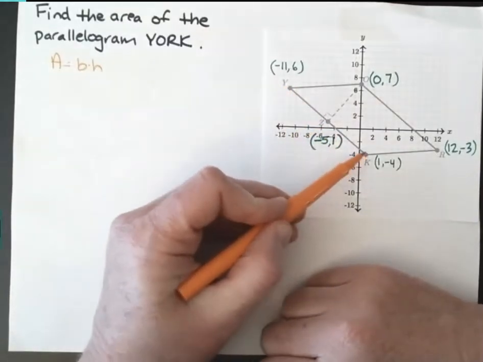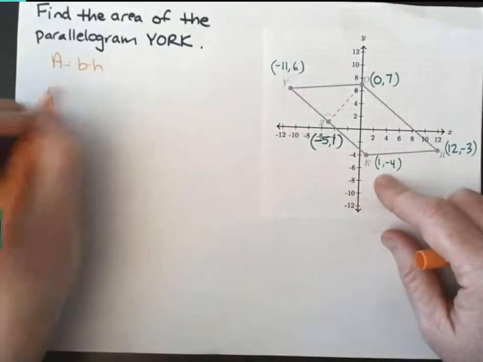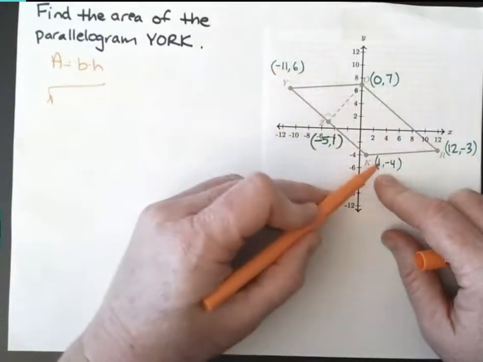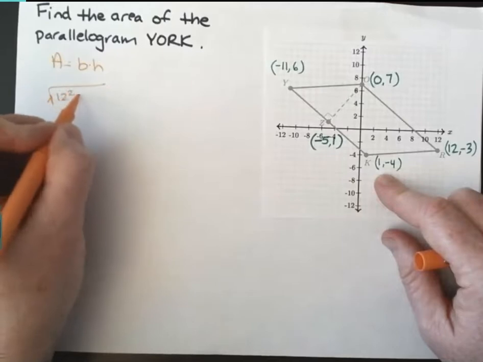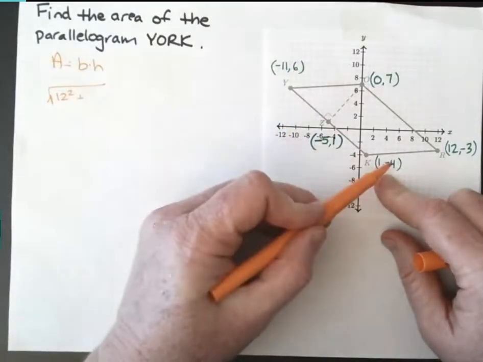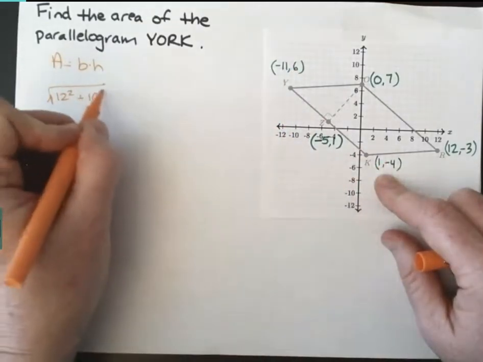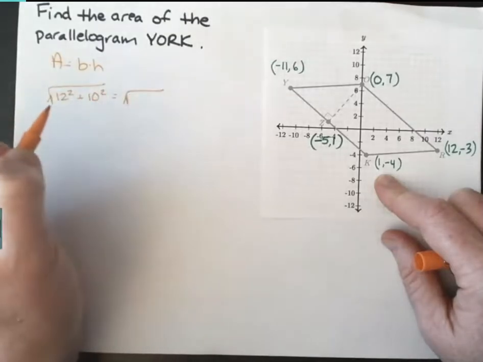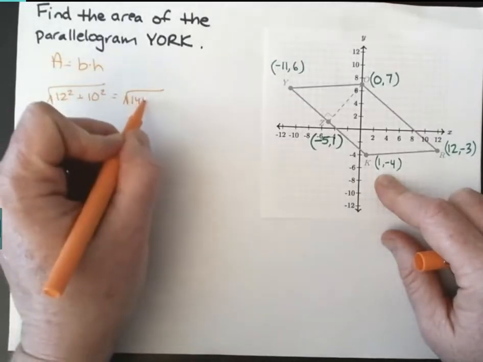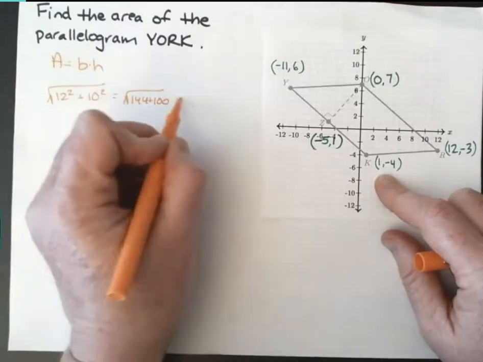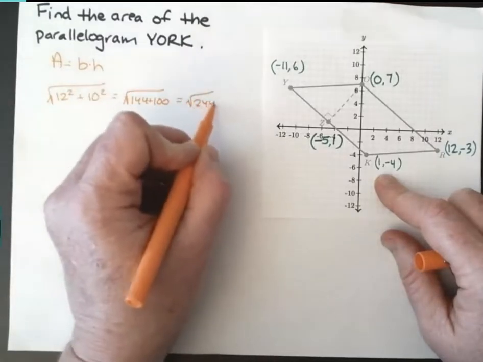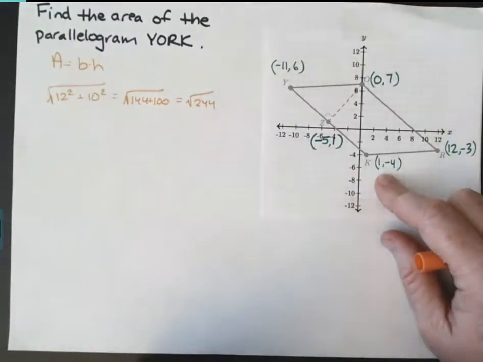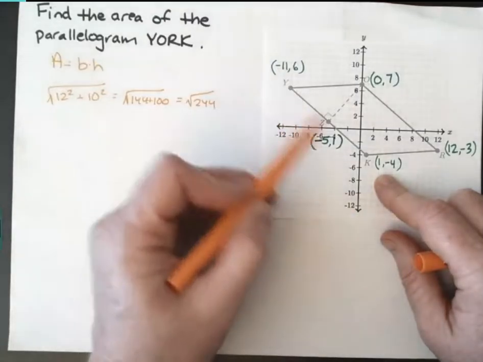So the distance formula, or the Pythagorean theorem, if you want to think of it that way, from -11 to 1, that's 12 units. From 6 to -4, that's 10 units. So this is going to be the square root of 144 plus 100, √244. Okay. Now that's this line.